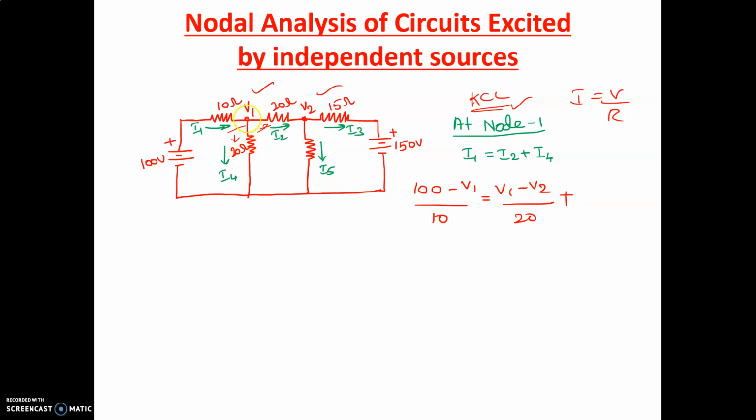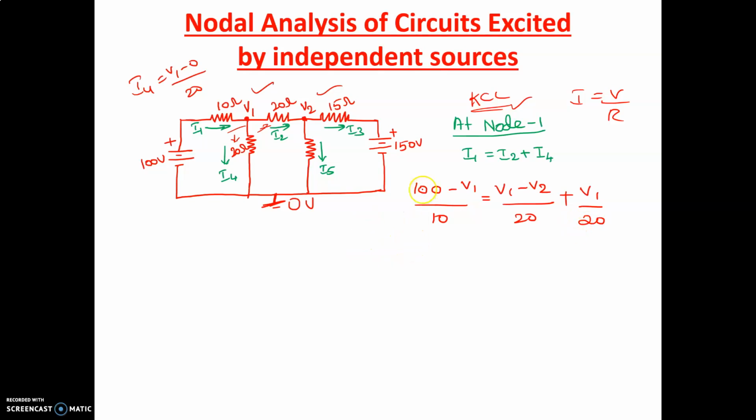So I4 is equal to V1. This is the reference node, and the potential is 0 volt. So I4 current is equal to (V1 minus 0) divided by that 20 ohm resistance, which can be written as V1 by 20.